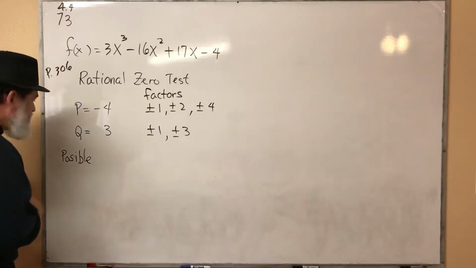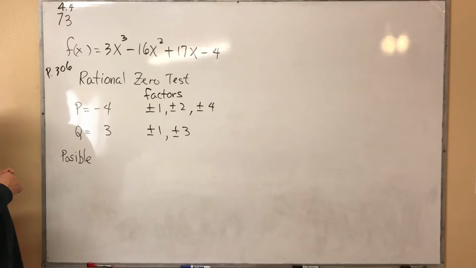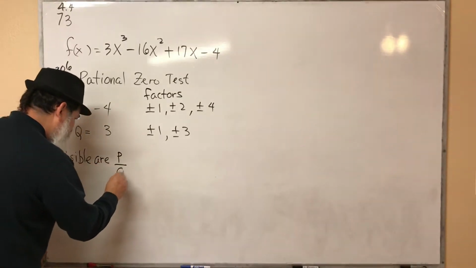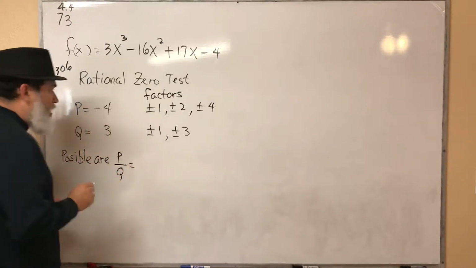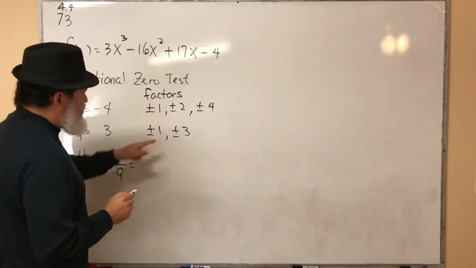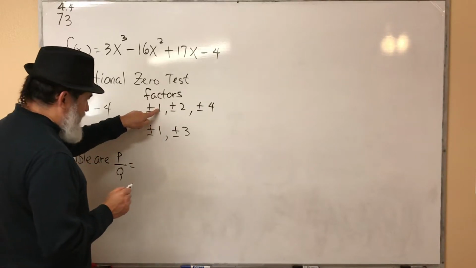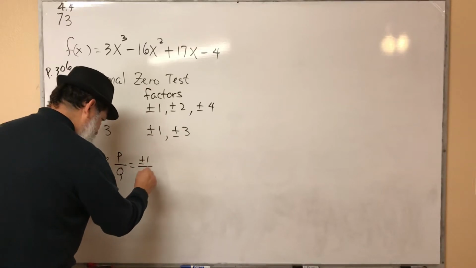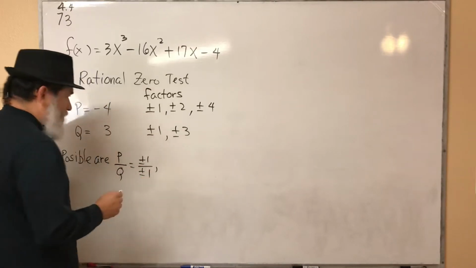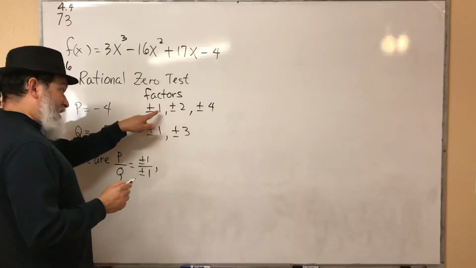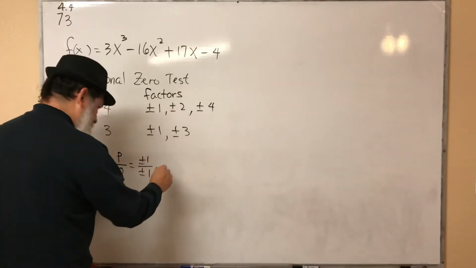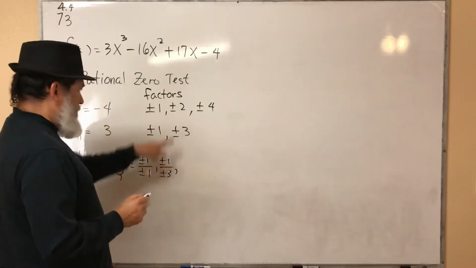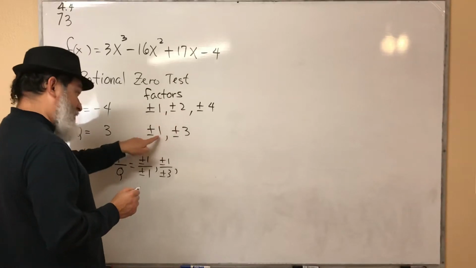Possible zeros are P divided by Q, which are, let's start with this one, plus minus 1 divided by plus minus 1. Plus minus 1 divided by plus minus 3. Plus minus 2 divided by plus minus 1.